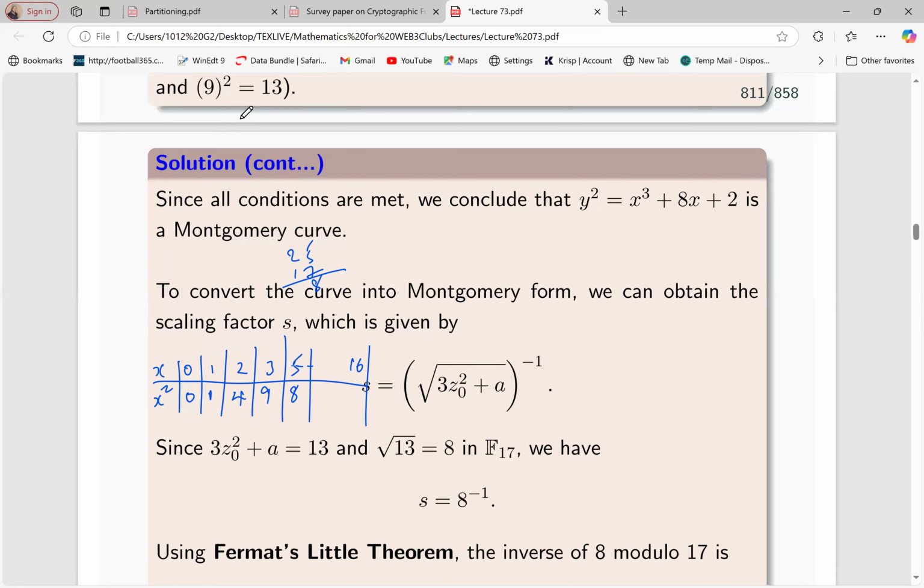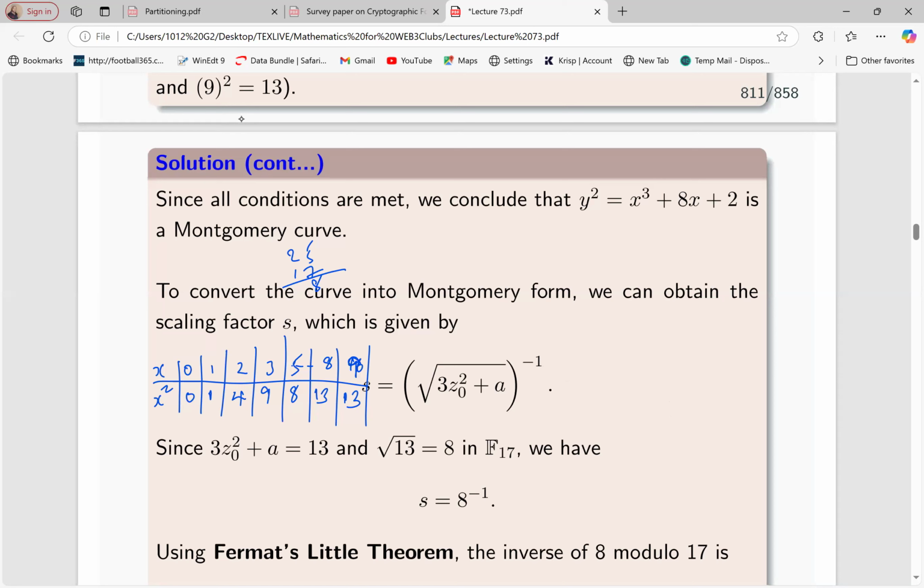Now, if you do this, you'll reach number 8. I've skipped 6. So when you reach 8, 8 square will give you 13. 9 square will also give you 13. Let's just confirm 9 square. 9 square is 81. Divided by 17 goes there 4 times, and the remainder is 13.